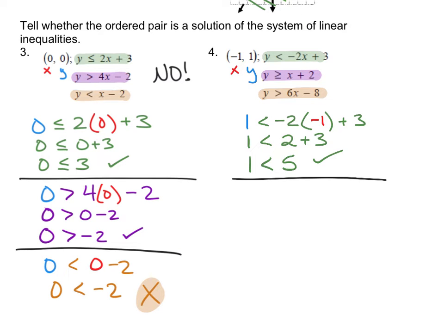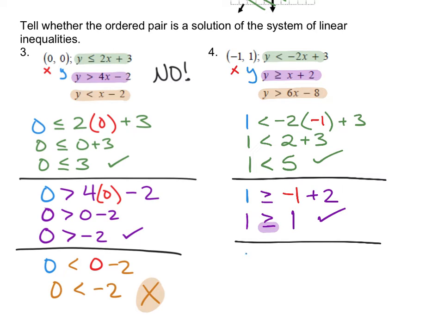This one is saying that 1 is greater than or equal to negative 1 plus 2, plugging in x and y where they belong. This is going to be 1 greater than or equal to negative 1 plus 2, which is 1. And that's a true statement because we have the equal to part right here, and 1 is equal to 1. Great, let's check the orange one.